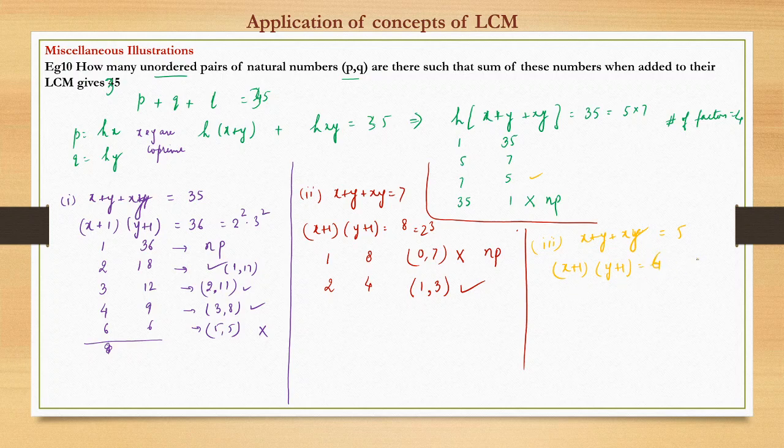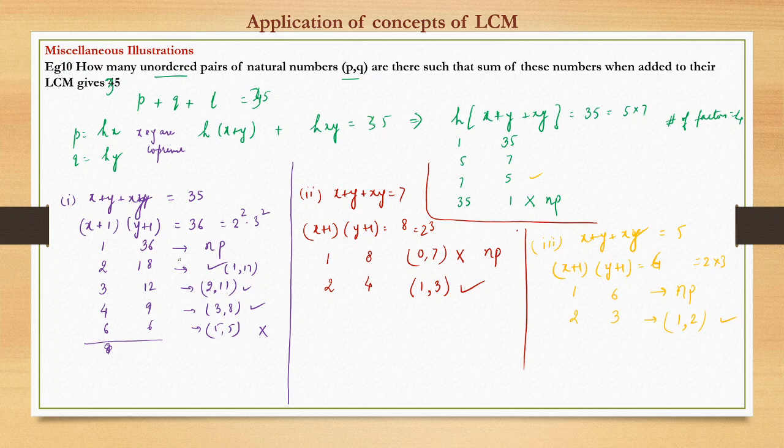So this is 2 into 3. So this can be written as 4 ways, unordered ways, 2 ways. So it will be 1 into 6, 2 into 3. That's it. Then it will repeat, that is 3 into 2 and 6 into 1. Here 1 into 6 is not possible because here x will take a value of 0. It has to be natural number. Here 1 comma 2, this is a possible case.